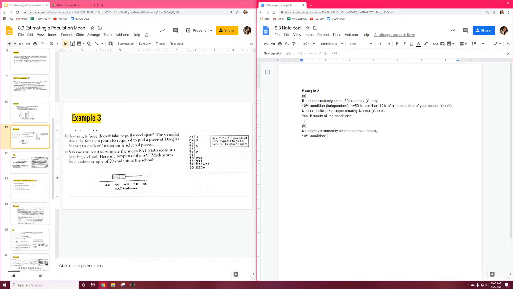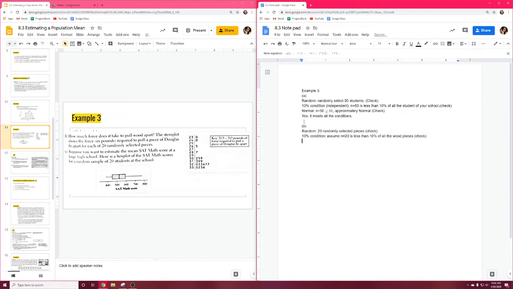So you will say n, or you can start with, assume n equals 20 is less than 10% of all the wood pieces. Is that wood? Yep. Okay, so this one checks, no problem.